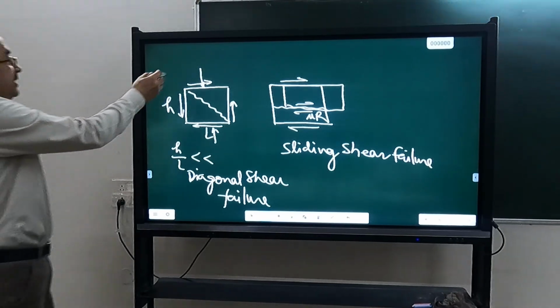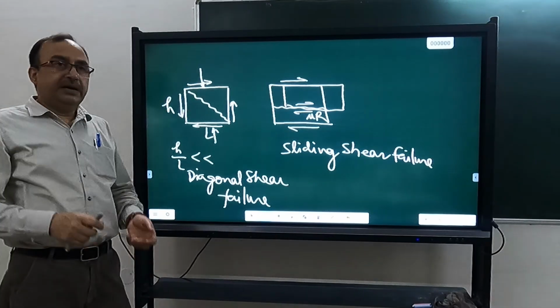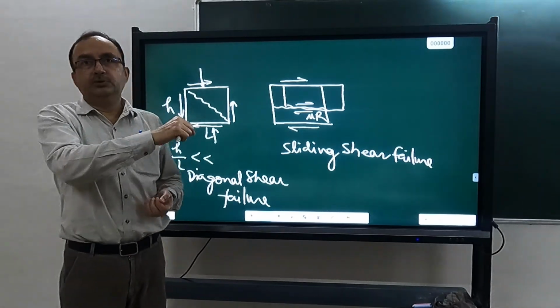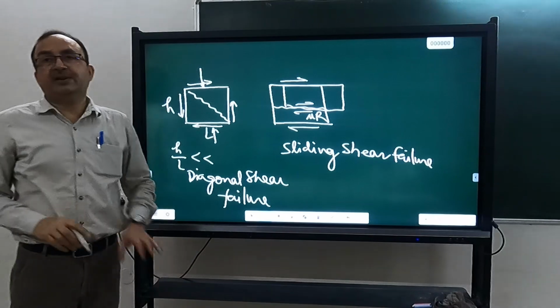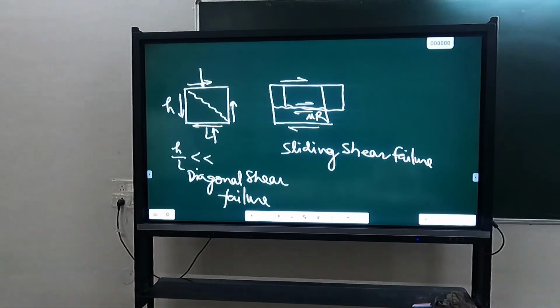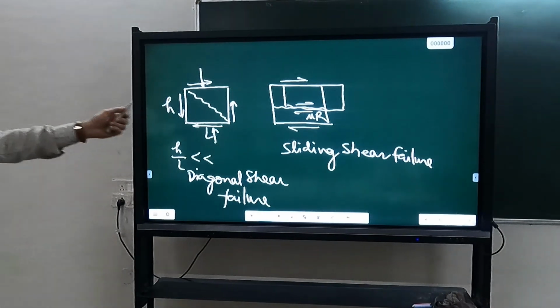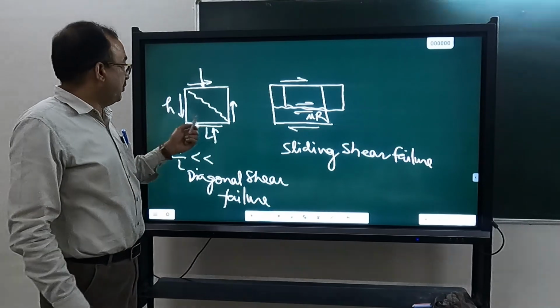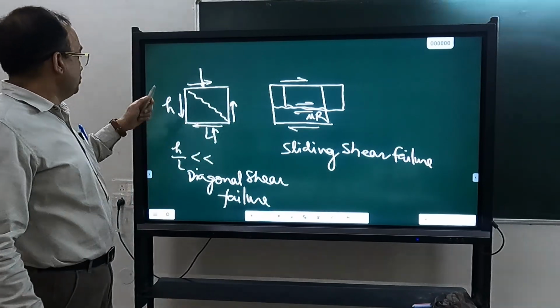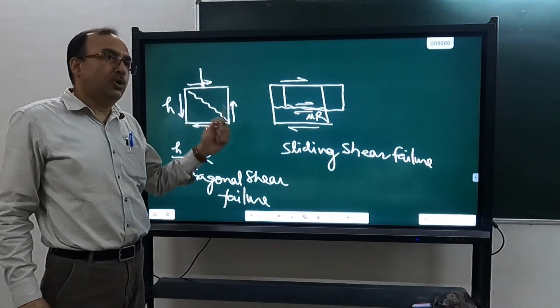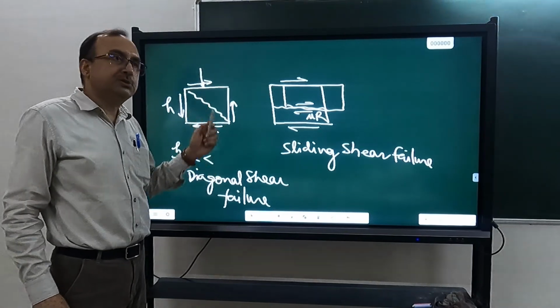If the vertical force is large and you are applying a shear force also, in that case sliding cannot happen because mu into R is much larger. In that case diagonal shear failure can happen. But for both of these, the height to length ratio has to be small. The aspect ratio has to be small.